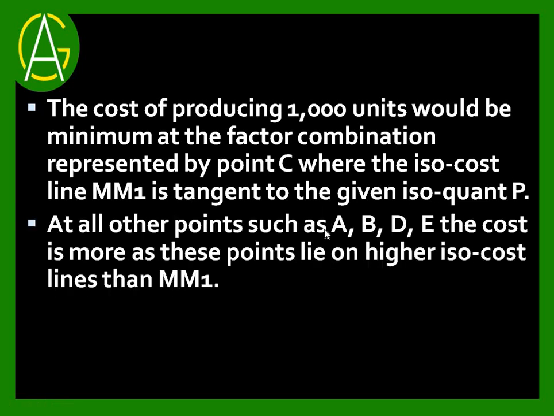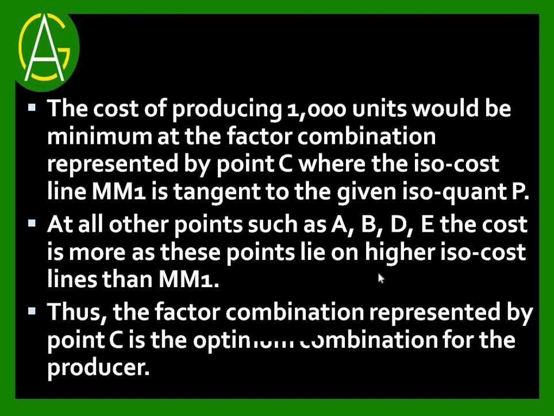At all the other combinations we can see, A, B, D, E, these represent higher cost, that is why they are not our least cost combinations. Thus the factor combination represented by point C is the optimum combination for the producer. Thank you for now.